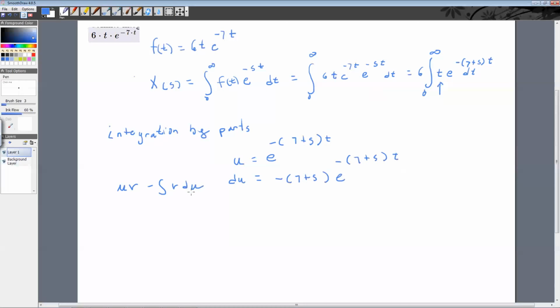Now, if I chose u to be this bit, that means dv equals t, and that means v equals t squared divided by 2, which means I've just made it worse.